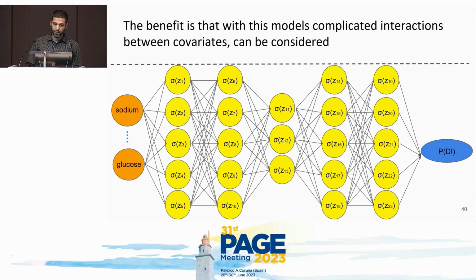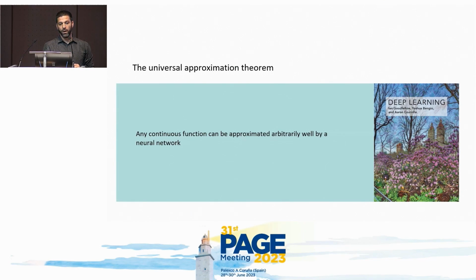The benefit is that with these models, complicated interactions between covariates can be considered. Not only very shallow ones, we can actually have more complicated ones. Another important point is the universal approximation theorem. Any continuous function can be approximated arbitrarily well by a neural network.